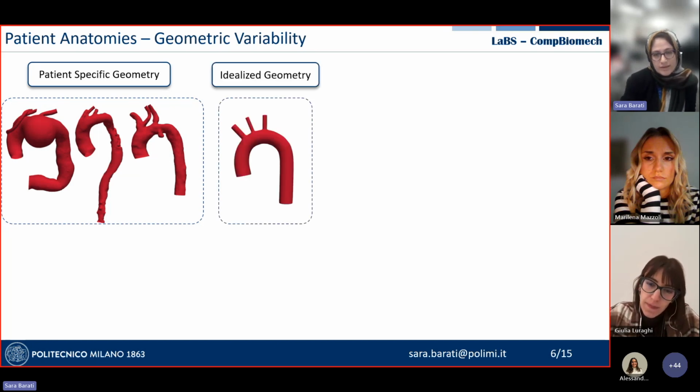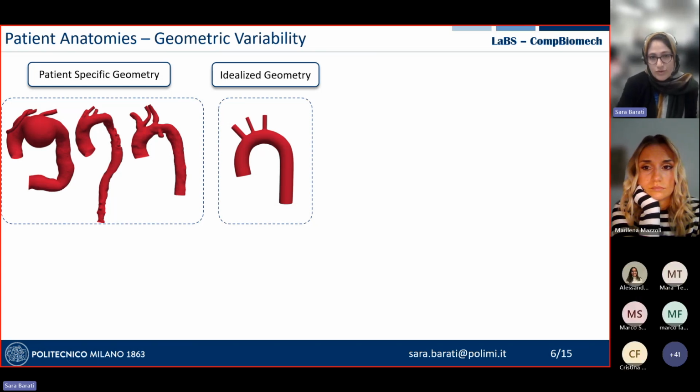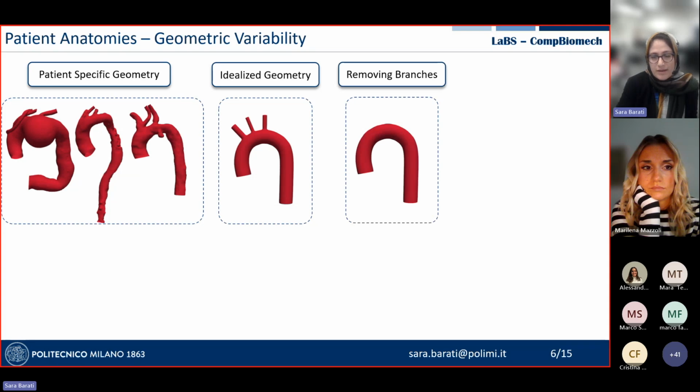So what we did at first, we considered the idealized geometry with branches, and then we saw that the number of the shape modes that we want to capture from the geometries of the patient models can be multiplied by a few numbers that we didn't want to consider. So we tried something. We considered cutting the branches, and instead of having the branches in the original geometry, we considered holes inside the ideal geometry.